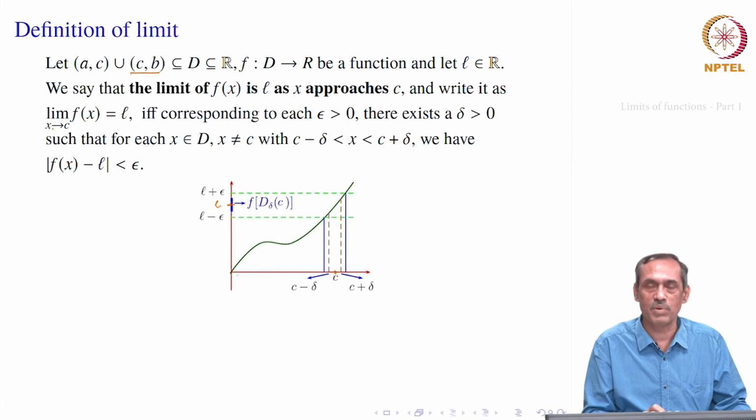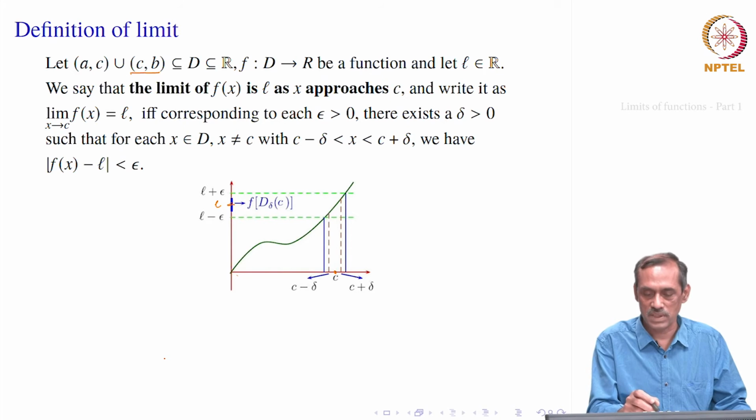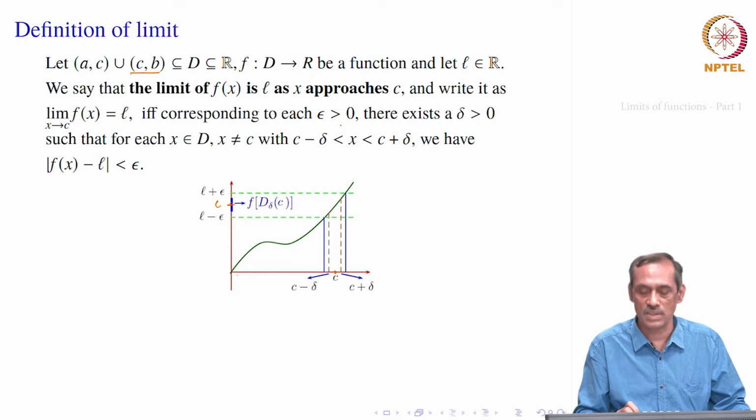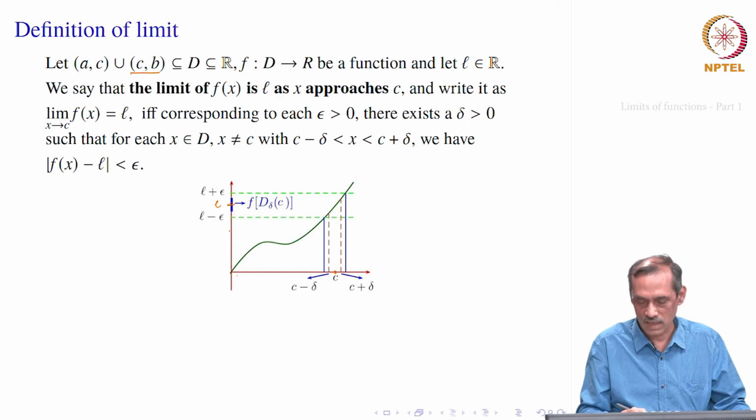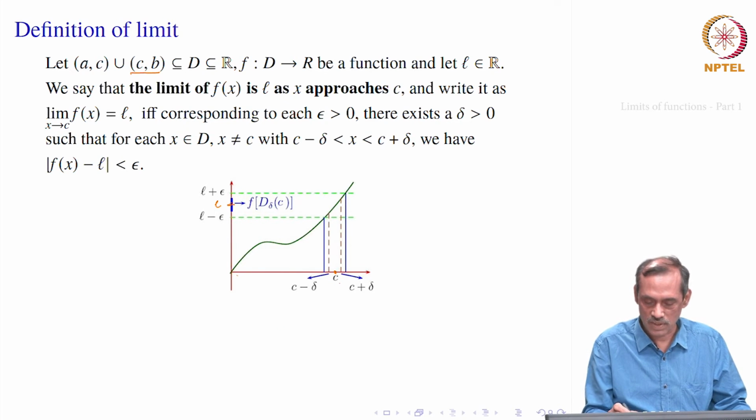Now, you can read it the same way: limit of f x as x tends to c equals L if and only if the earlier condition is satisfied, which is corresponding to each epsilon greater than 0. So, you choose how close f x should be to L, corresponding to that you will find a closeness in c, that is there exists a delta greater than 0 such that for each x in D, obviously in the domain, with x not equal to c, c minus delta less than x less than c plus delta.